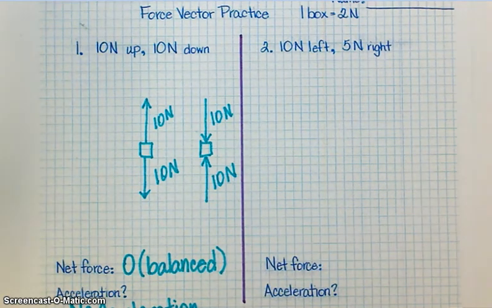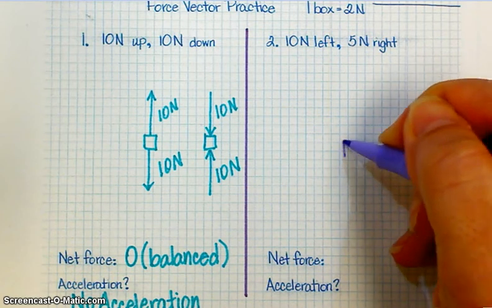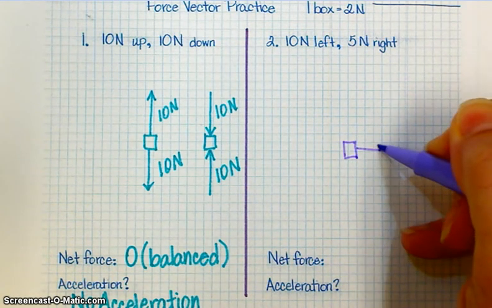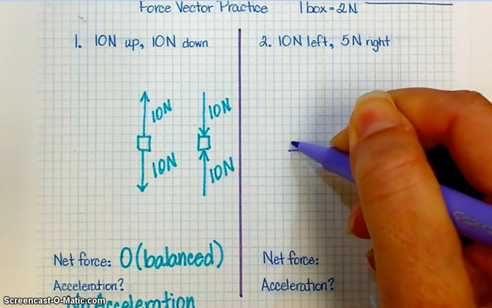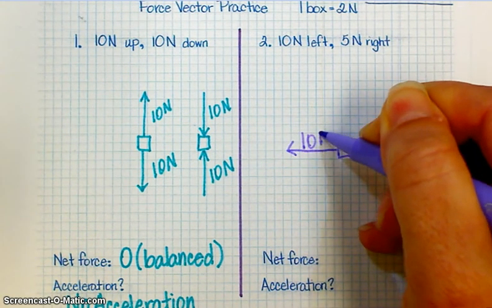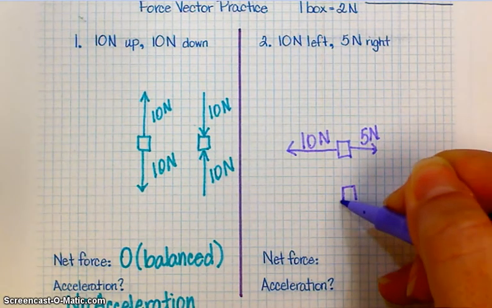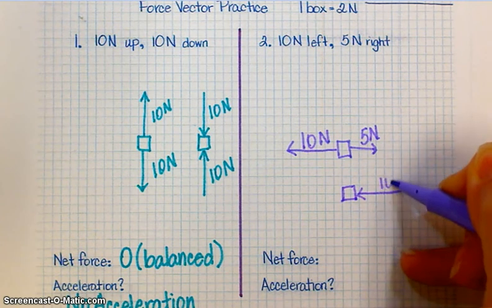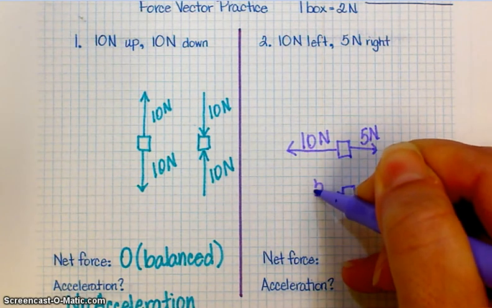And the next one has a force of 10 newtons to the left and 5 newtons to the right. So I can draw 5 newtons to the right, 10 newtons to the left. I can do it like that. I can draw the 10 newtons as a push and the 5 newtons as a push.